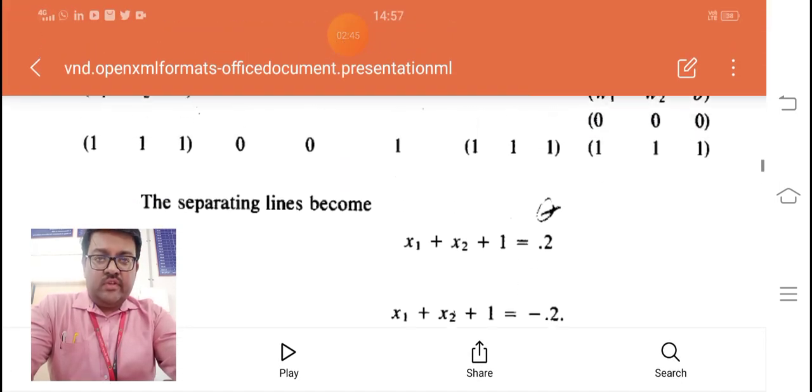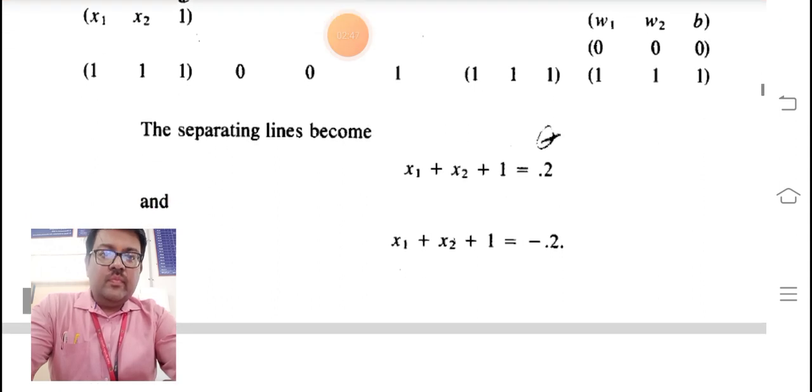How to form these equations we will see now. x1 plus x2 plus 1, because x1 and x2 are 1, so you write x1 plus x2 plus 1 is equal to theta, that is 0.2, and another equation you write with minus 0.2. Now you need to draw the separating line from these equations.